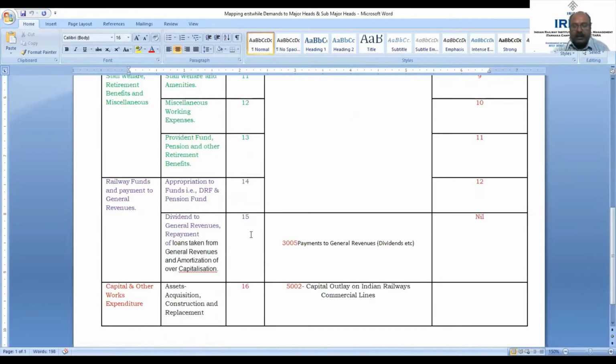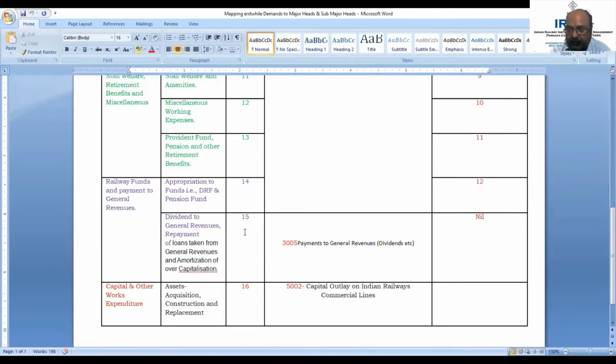And demand number 15, however, is still in the books, but it is not relevant to railways right now. The major head is 3005, payments to general revenues, including dividends. So here there is no question of a sub-major head. Coming to demand number 16, the major head is 5002, capital outlay on Indian Railways commercial lines.